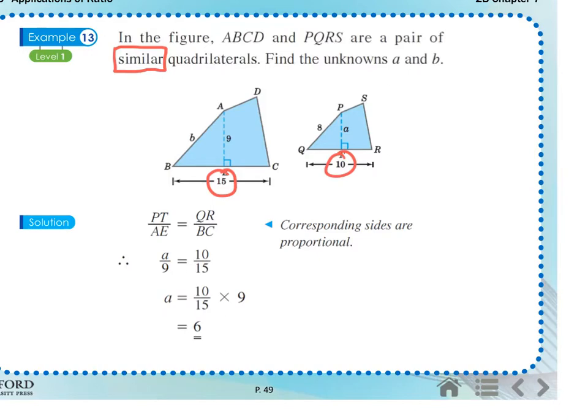For example, 15 over 10, the larger side over the smaller side for the first pair, and for the second pair we also use the larger side over the smaller side, which is b over 8.